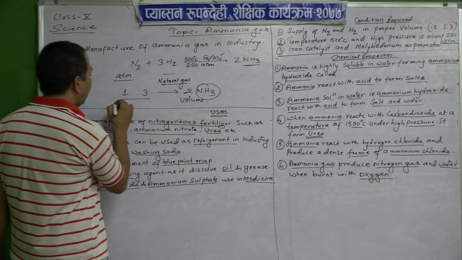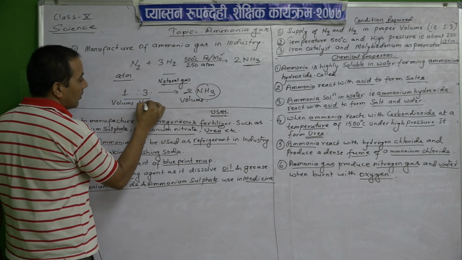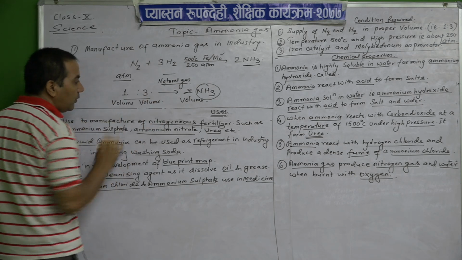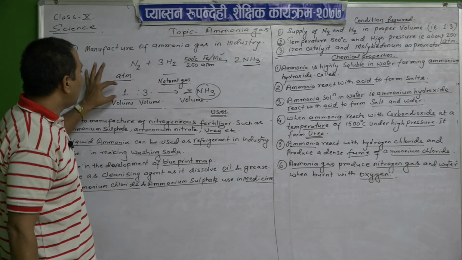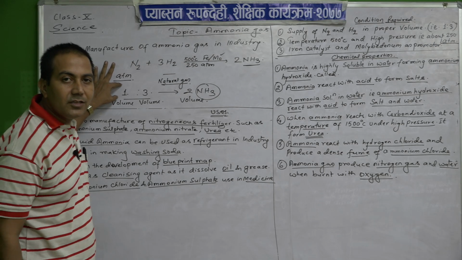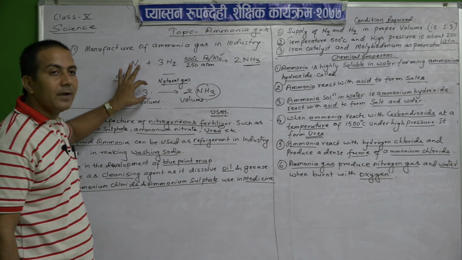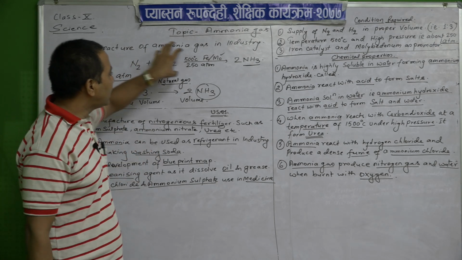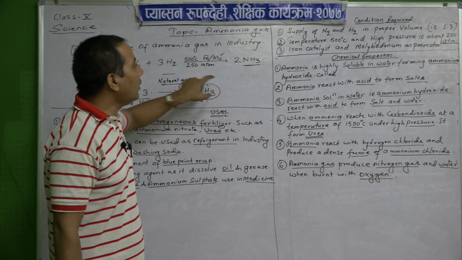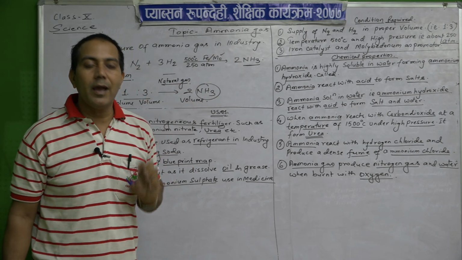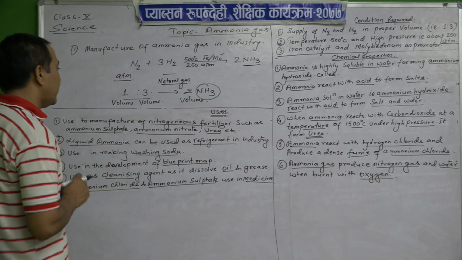I think you are clear. Or if you are not still clear, suppose I take 1 kg of nitrogen gas and 3 kg of hydrogen gas. When it passes through this process, then 2 kg of ammonia gas will be prepared. Understand? I think you understand.